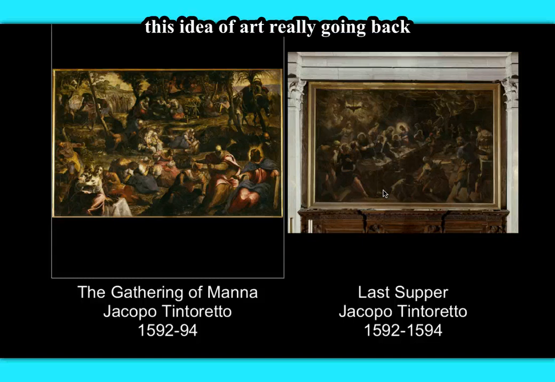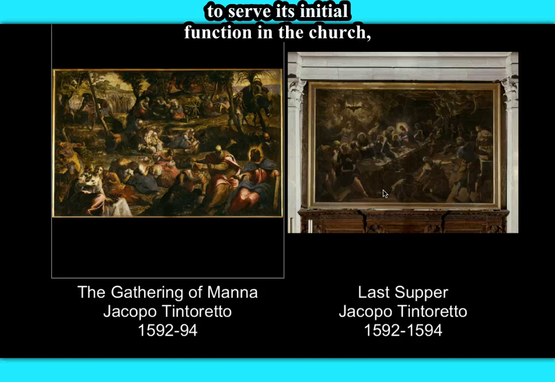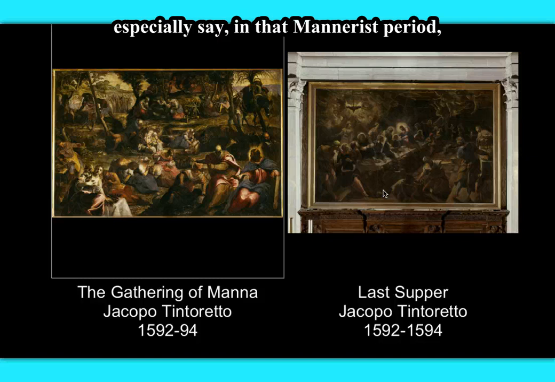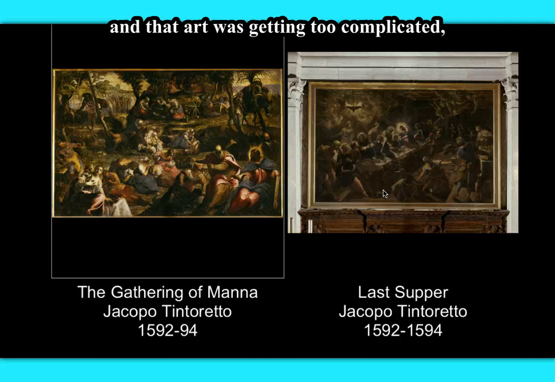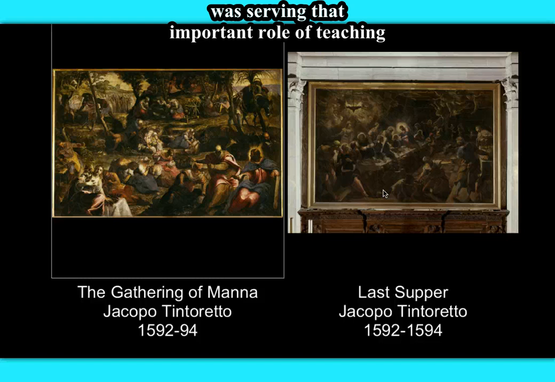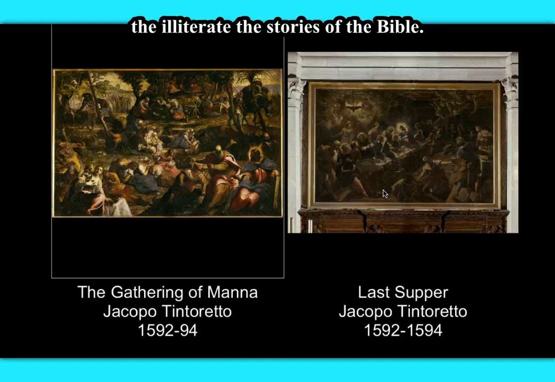This idea of art really going back to serve its initial function in the church, which was to teach the stories of the Bible. There was some talk about the fact that art had moved away from that over the course of the Renaissance, especially in the Mannerist period, and that art was getting too complicated, too difficult to decipher, and no longer was serving that important role of teaching the illiterate the stories of the Bible.